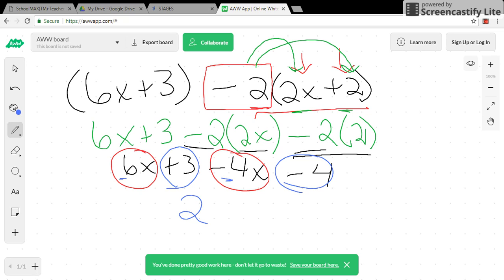So keep the sign of the larger number. 6 is larger than 4, so you're going to have a positive 2x. 3 and minus 4, again, they're opposite, so subtract them. Their difference is 1, and the 4 is larger, so you're going to keep that minus sign. So if they're opposite signs, subtract, same signs, add. That is something that you can also remember there.